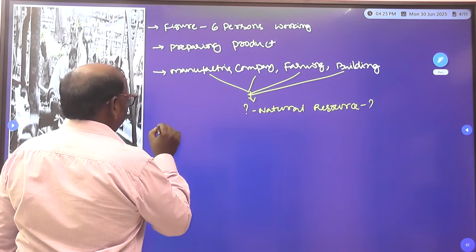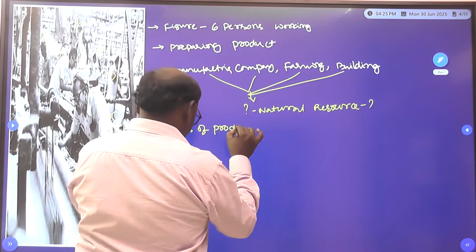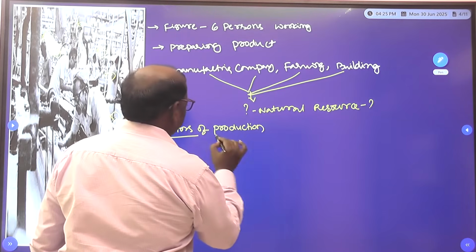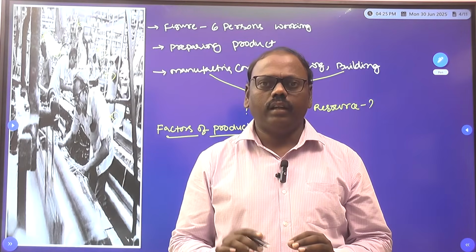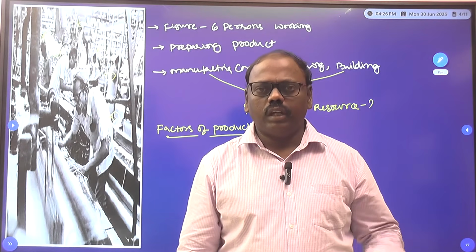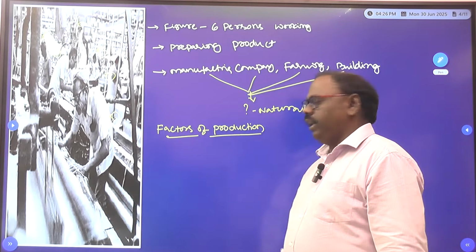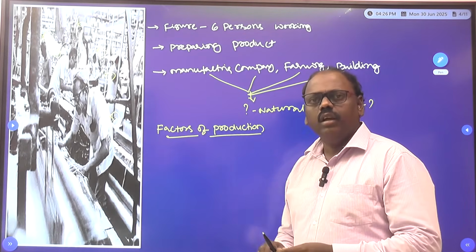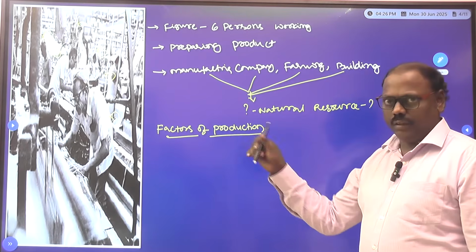What we call factors of production. These factors of production are very important in the entire Indian economy, from chapter 1 to the end of the last chapter, because the entire Indian economy depends upon the factors of production, and each and every day whenever we are discussing Indian economy concepts, we follow these factors of production.